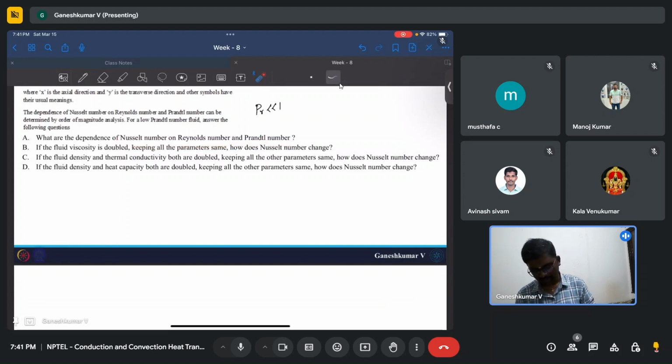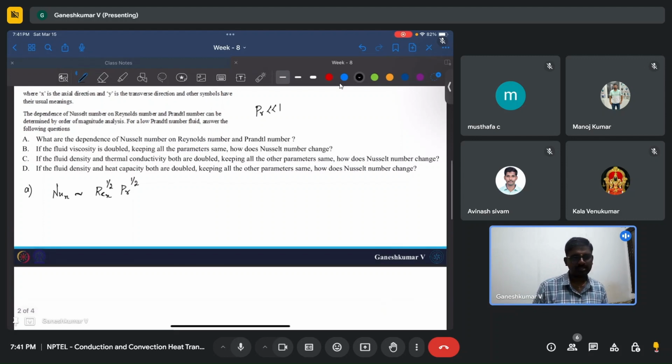We already know this. We derived it. I will just write that here. Nusselt number is nothing but Reynolds number to the power of, Prandtl number to the power of, at Prandtl number very much less than 1. This is our dependence, that is what we derived.